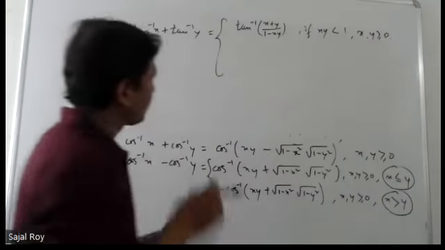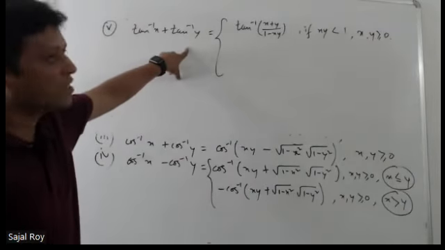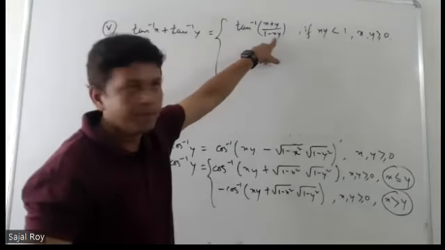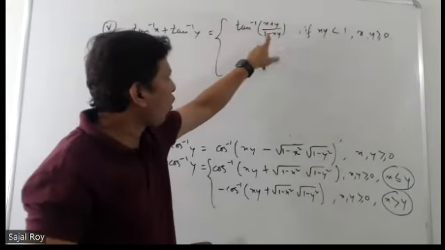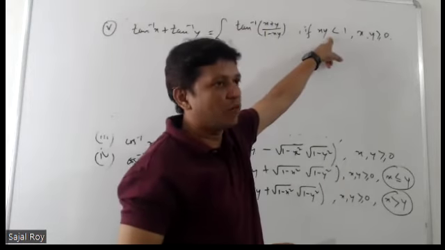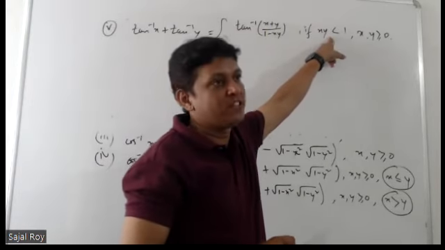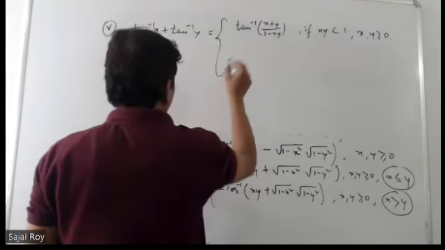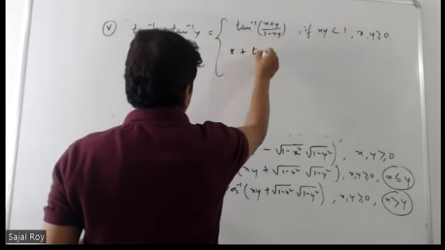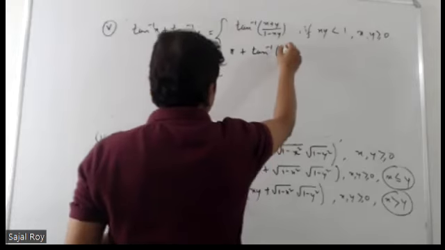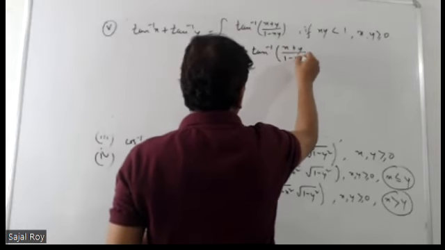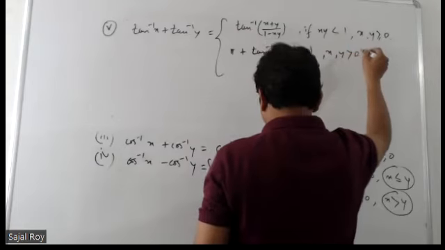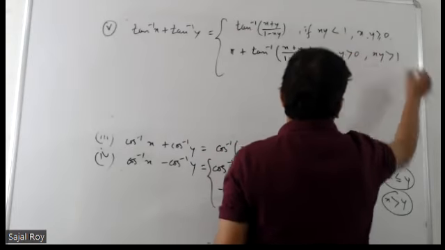Yeah, this is the formula. Tan of A plus B is tan A plus tan B by 1 minus tan A tan B. And this is applicable only if xy is less than 1. The product must be less than 1. But if the product is more than 1, what will happen? It will be pi plus tan inverse of (x plus y) by (1 minus xy), if x, y greater than 0 and xy more than 1.